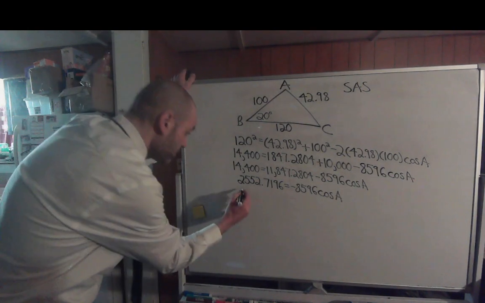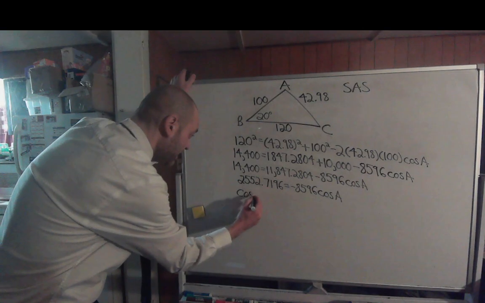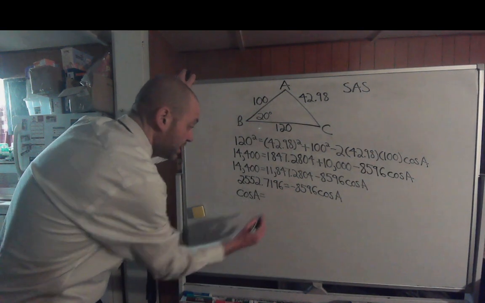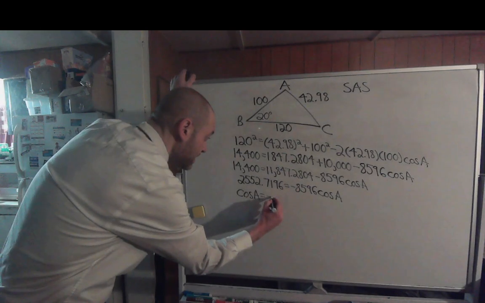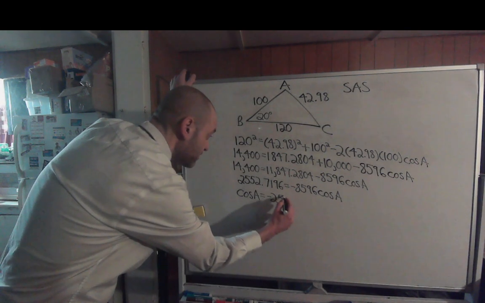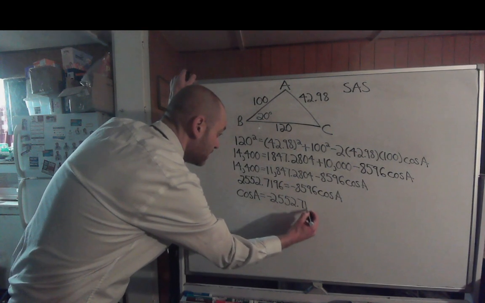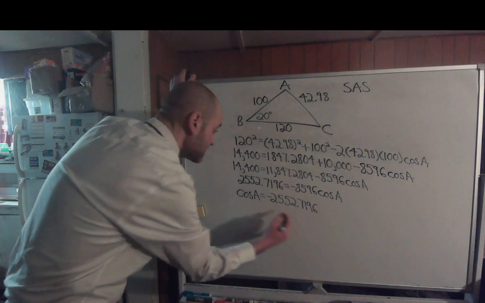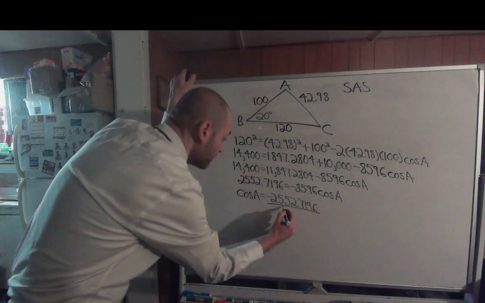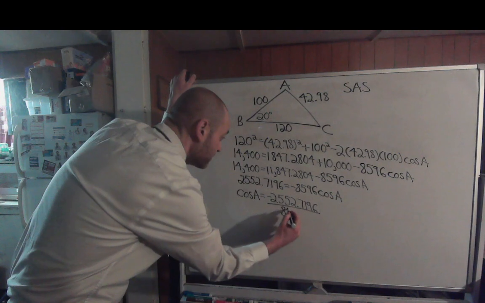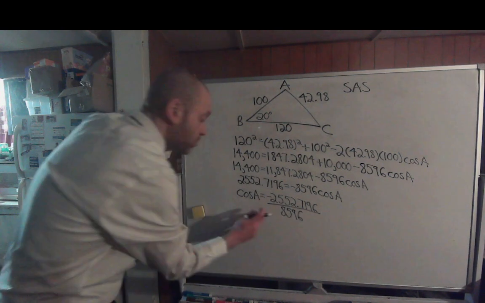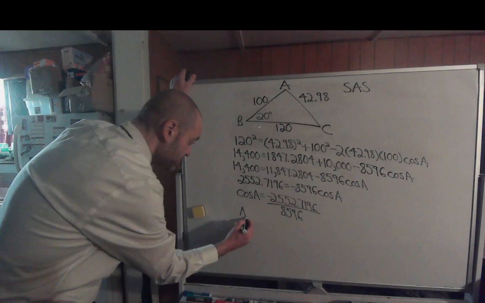So then, of course, your cosine of A would equal negative 2,552.7196 all over 8,596. And then, of course, A is just the inverse cosine of all that.